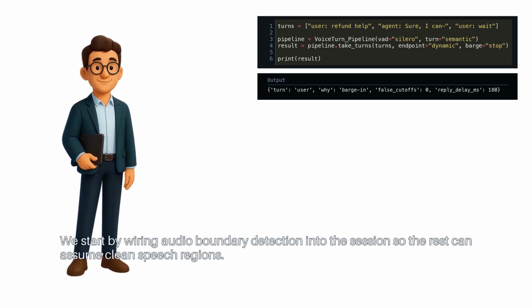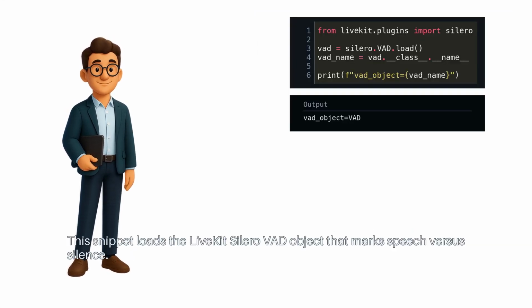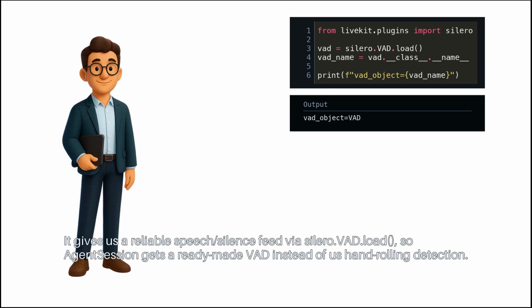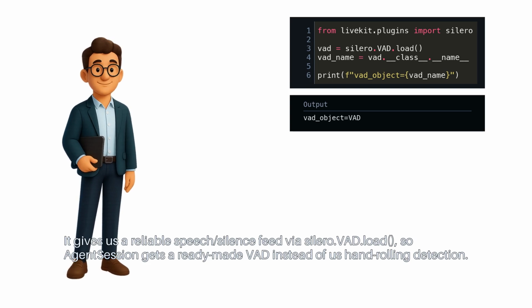We start by wiring audio boundary detection into the session, so the rest can assume clean speech regions. This snippet loads the LiveKit Silero VAD object that marks speech versus silence. It gives us a reliable speech-silence feed via silero.vad.load.